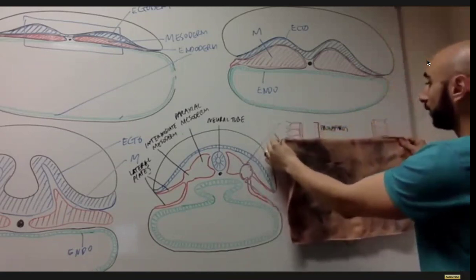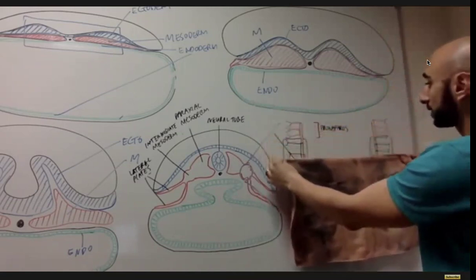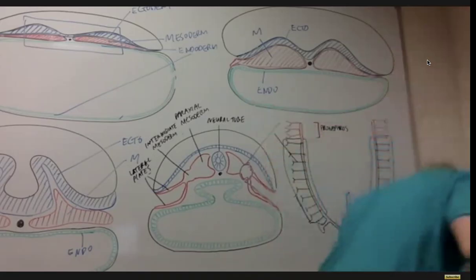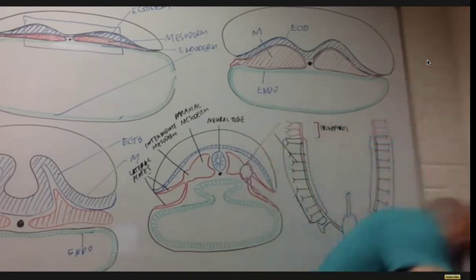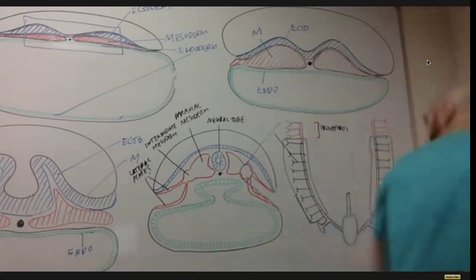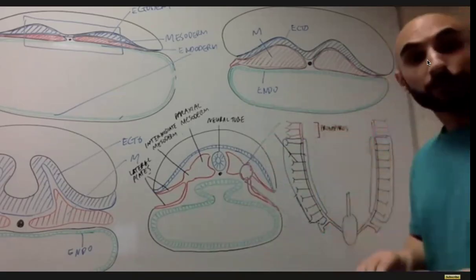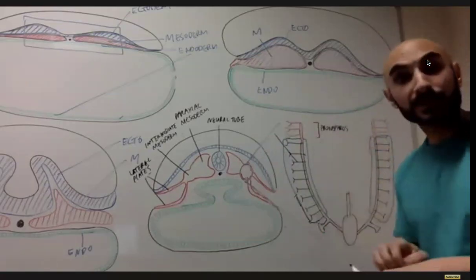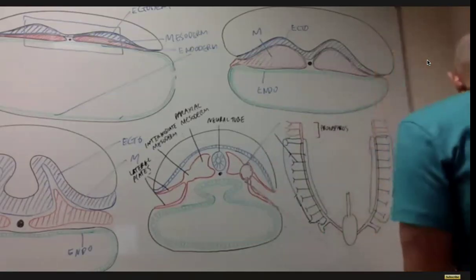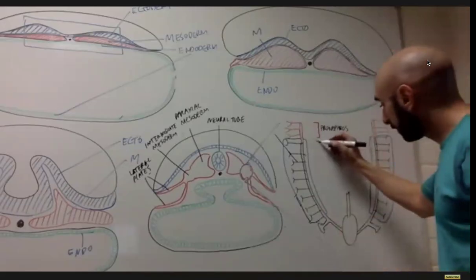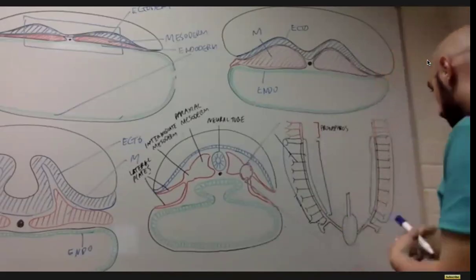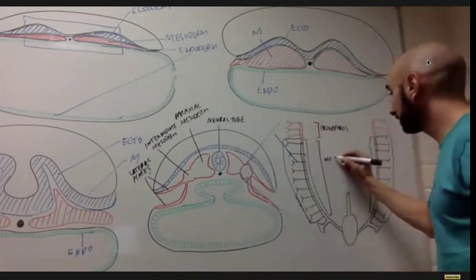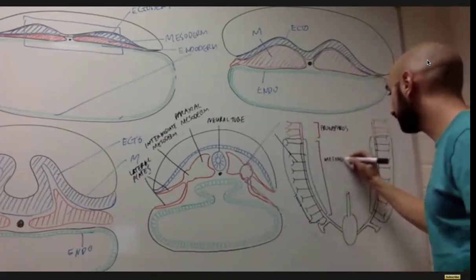And then by about 4 weeks, the pronephros is degraded and the next stage takes over. The next stage, so from here to here, that's called the mesonephros.